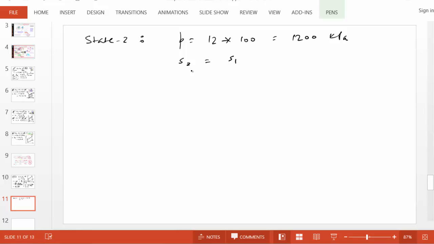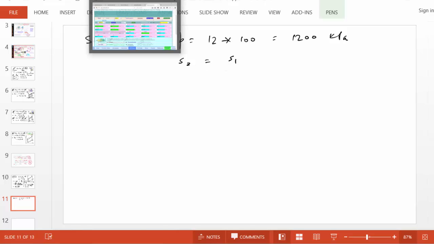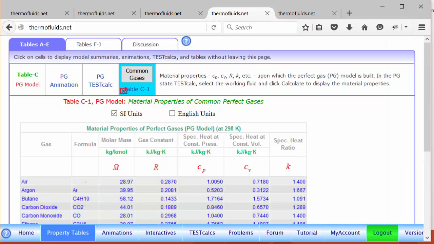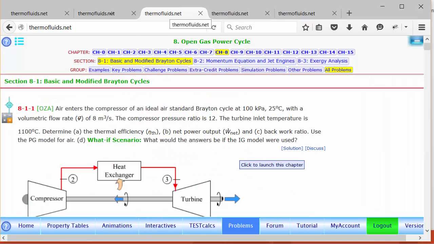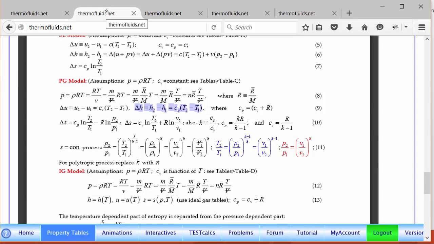If the process is isentropic, we can go back to our formula sheet, and you notice that if entropy remains constant, we have constant entropy formulas for the PG model, and equation 11 is a very important equation.